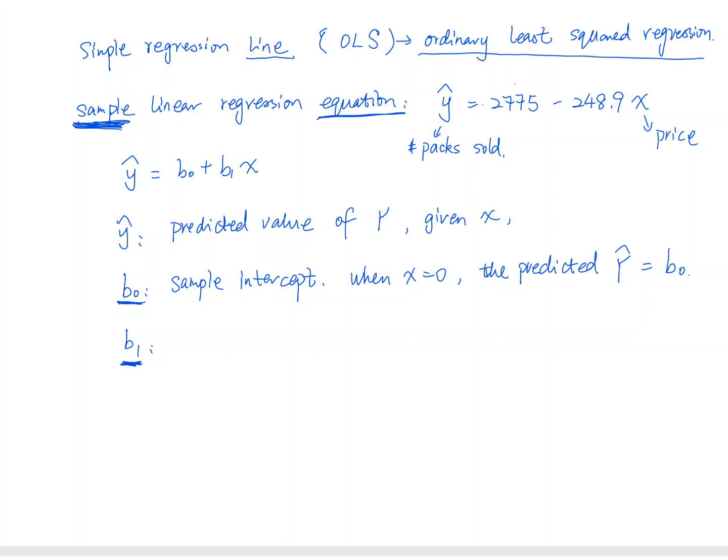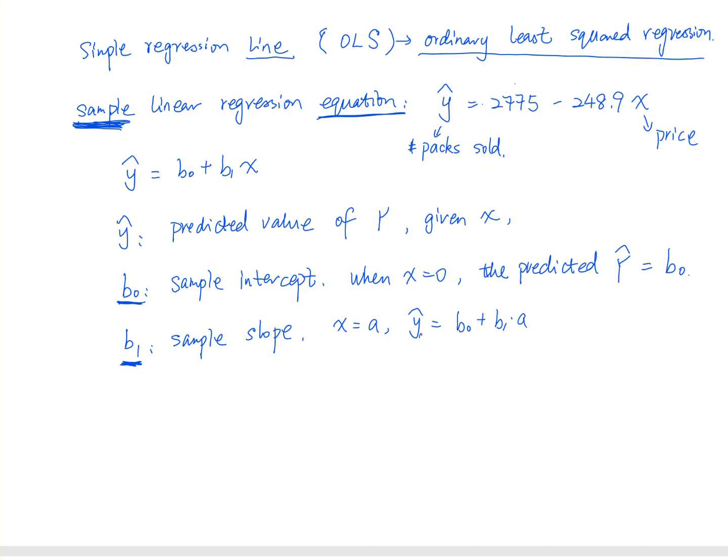Okay, so next, what is b1? b1 in math class is called the slope, right? So here similarly we just call it the sample slope because it is obtained from the sample. So how can you interpret this slope? Here let's do a practice, right? So let's say when x equals a, what is the predicted value of y? Y hat will equal, we just plug a into the regression line, so we have b0 plus b1 times a, right?